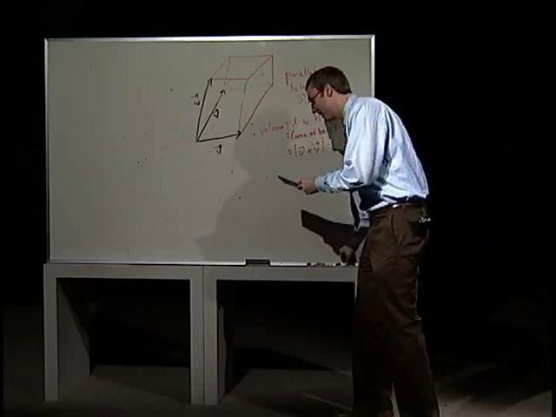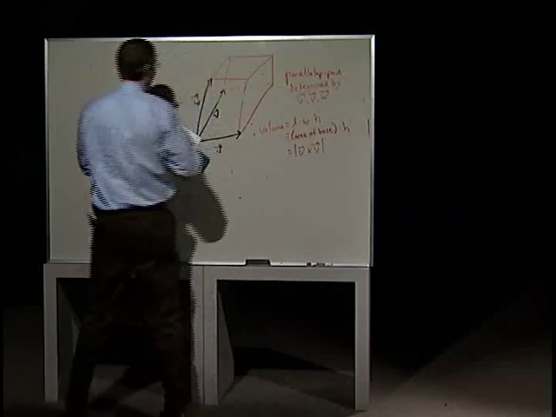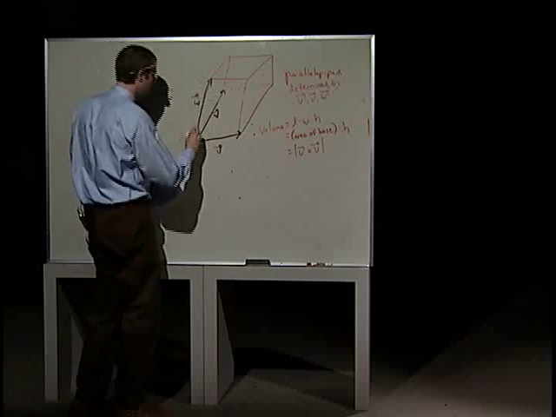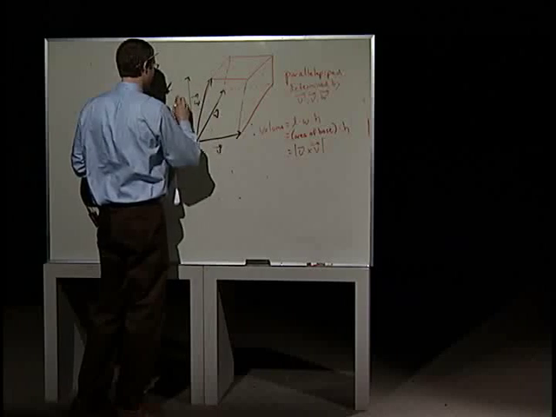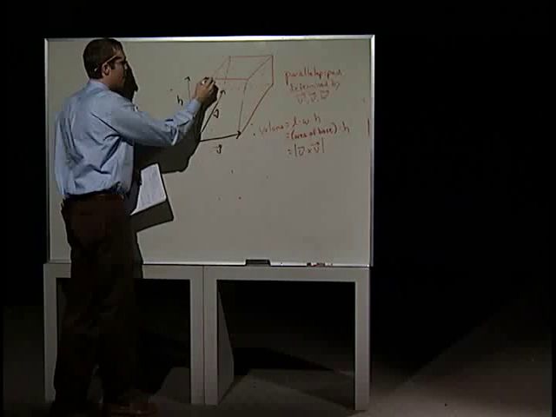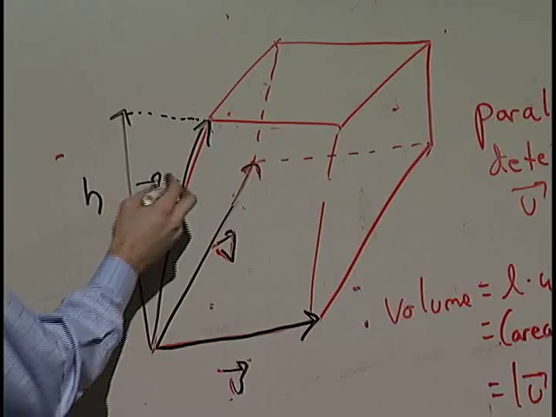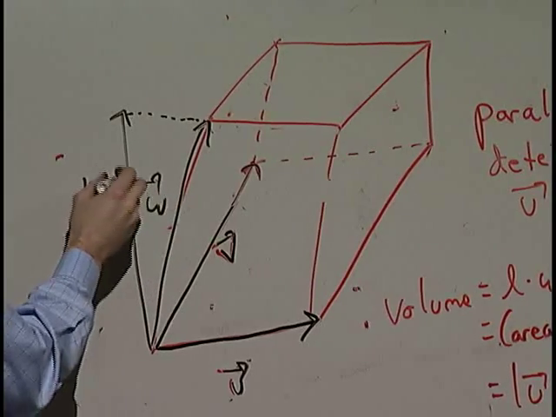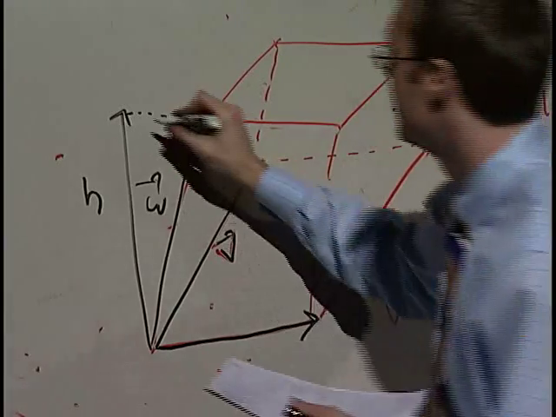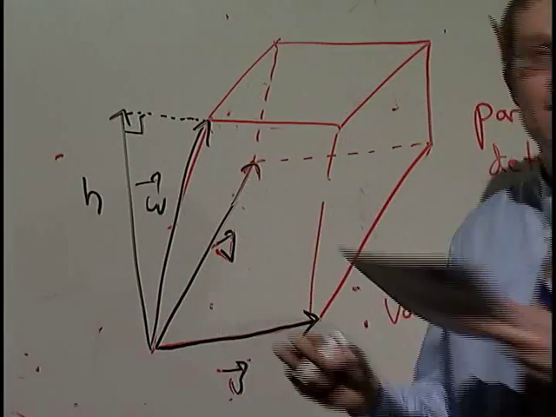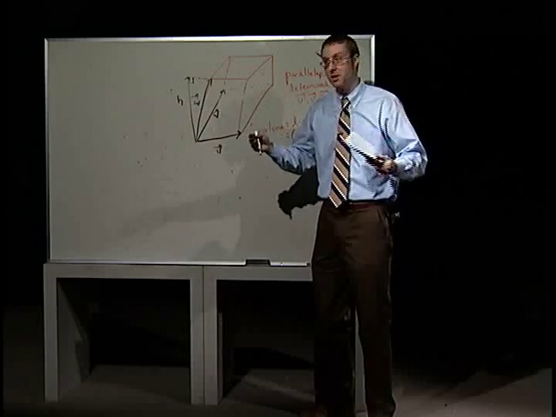Well, be a little bit careful here. So if we come over here, the height is going to be there. And remember, we can drop a perpendicular from w over to the height, right? And when we do that, this is a right angle. That screams to us vector projection, right?